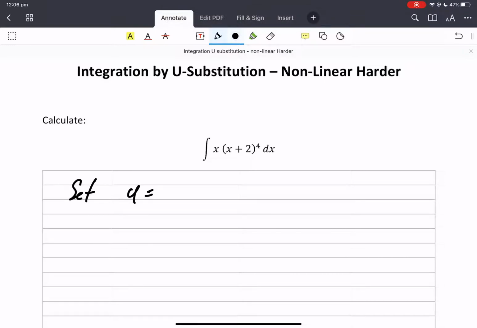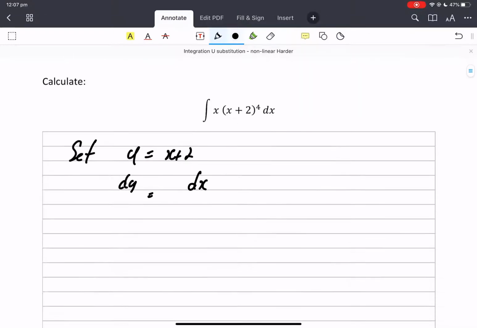u equals x plus 2. So du dx will be 1. Let's get that dx to the other side. So we're going to get u to the 4 du, but this x is a bit of a problem.